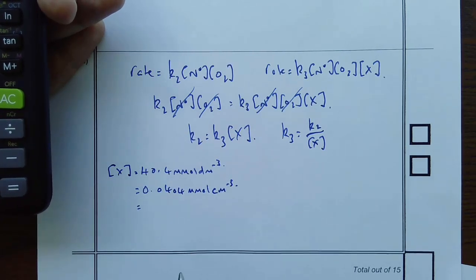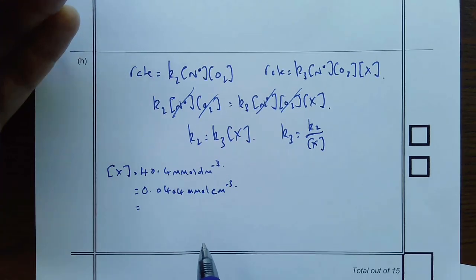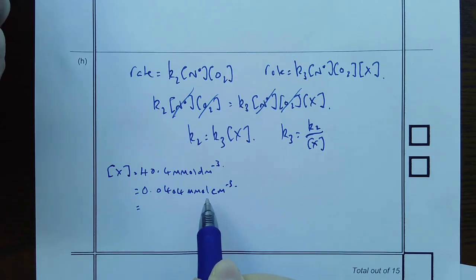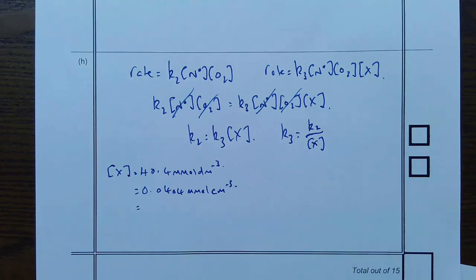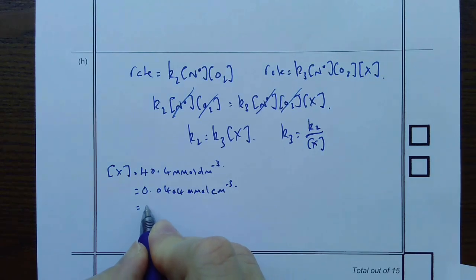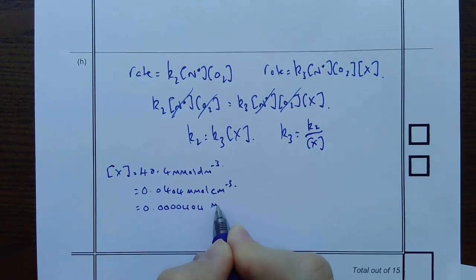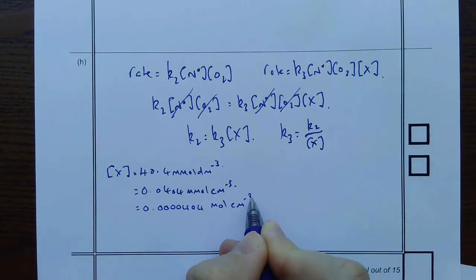Now, if I've got that many millimoles in a centimeter cubed, how many moles do I have in there? Well, the millimole is much smaller than a mole, so I'm going to have fewer moles. So I'm going to divide by 1,000 again, and I get 0.000404 moles per centimeter cubed.